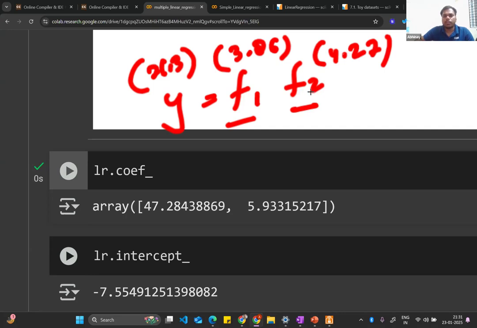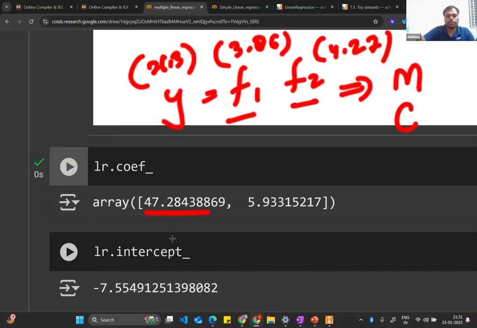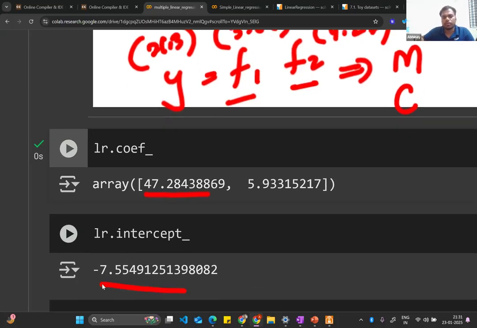Our job will be to find out the value of m and c. So you will find the slope value, and let's suppose the intercept value is coming around this. In the same way we will find the slope and intercept value for each point in our data set.